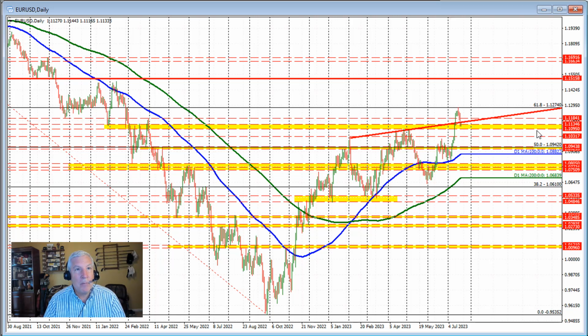If the price were to move back below the 1.1095 level, I would think that the longer-term traders might look for further downside probing on the failure of the move above this swing area, above the trend line, and finding resistance against the 61.8% retracement. That's the look from the daily chart.